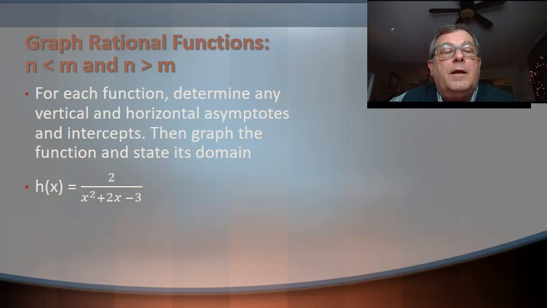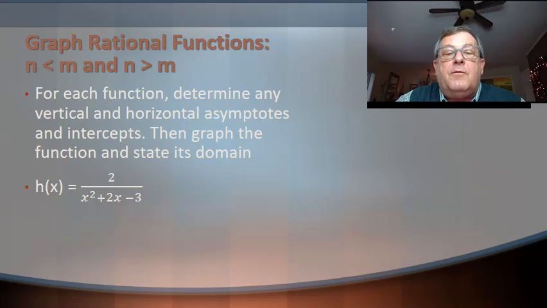Okay, let's see what we got here. We're asked to find for each function, determine any vertical and horizontal asymptotes and intercepts, then graph the function and state its domain. So we have a function here, h of x equals 2 over x squared plus 2x minus 3. So I think I'm going to tackle the vertical asymptotes as well as any restrictions to the domain.